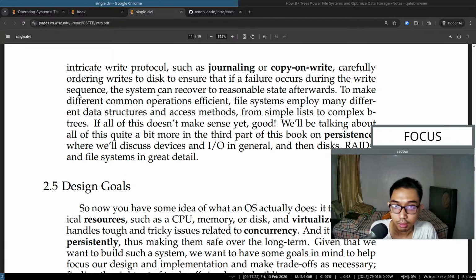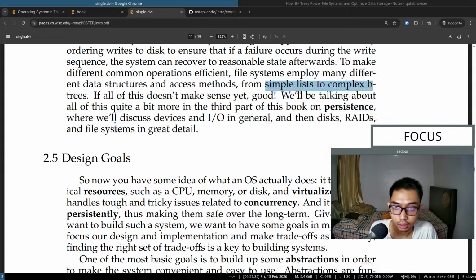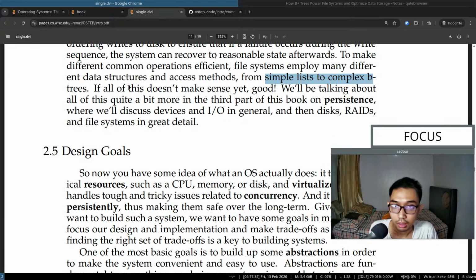To make different common operations efficient, file systems employ many different data structures and access methods, from simple lists to complex B-trees. If all of this doesn't make sense yet, good.